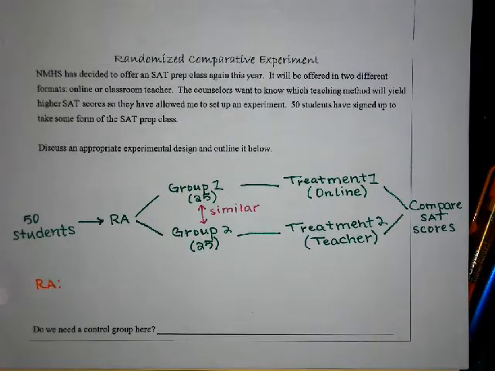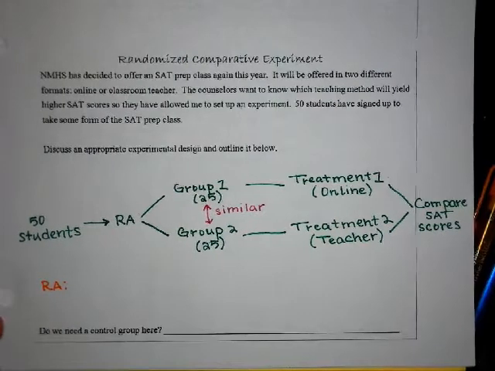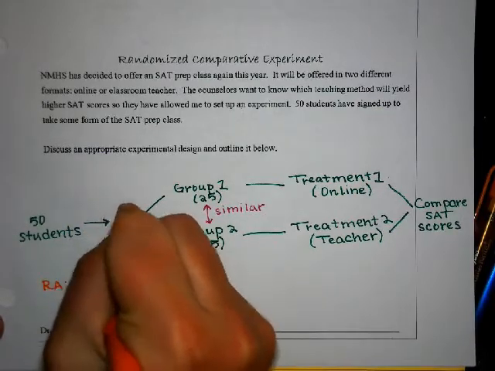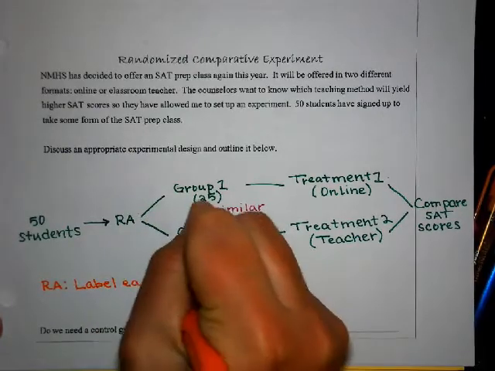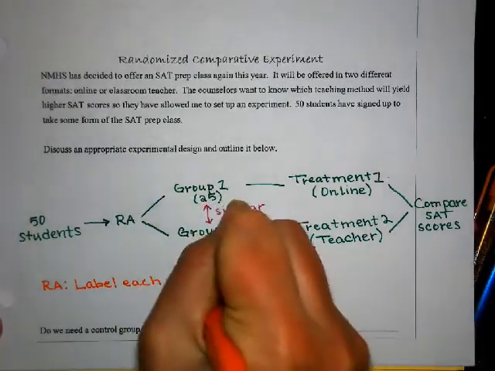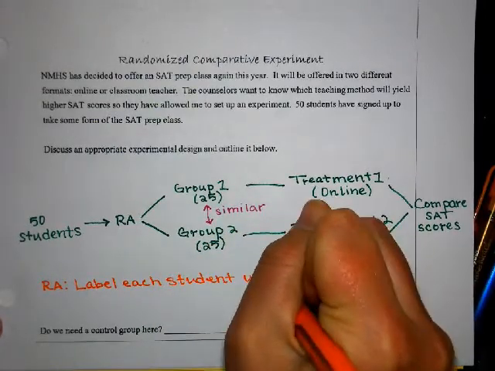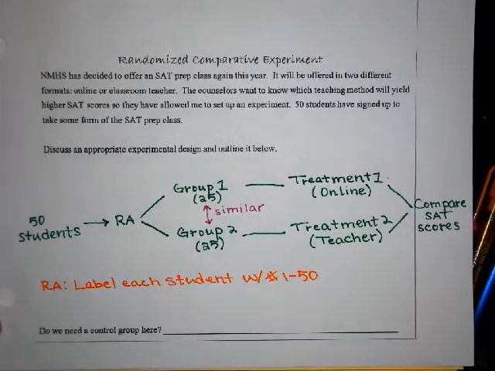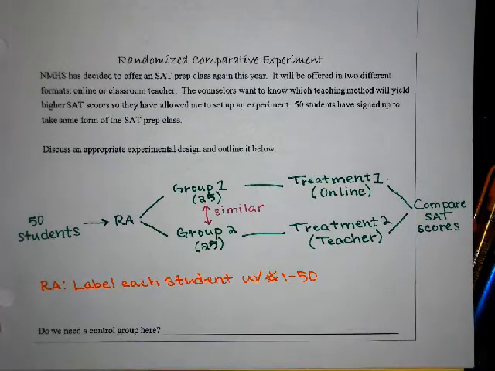So first thing, like with all our stuff we've been doing so far, is we're going to label each student with a number, 1 to 50. Just sticking with table D because we've been using that a lot.